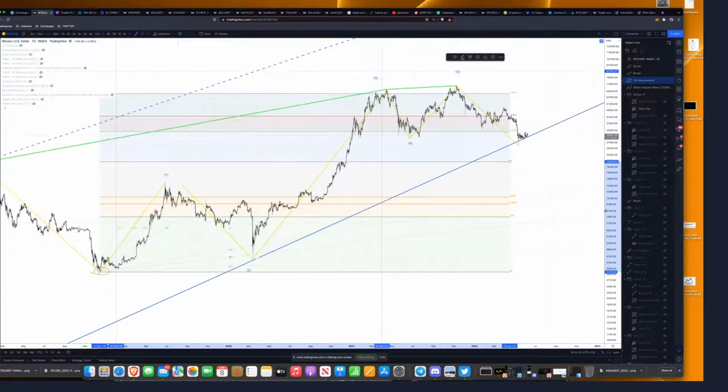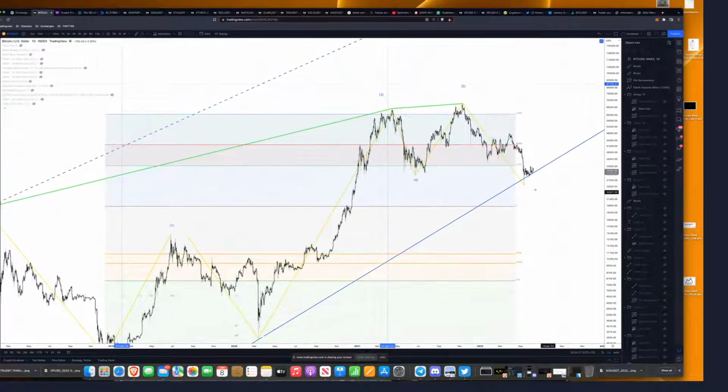Now you can see why we had a sell-off here at the 1.414, and we dropped below the 1.272 because there's a reason.